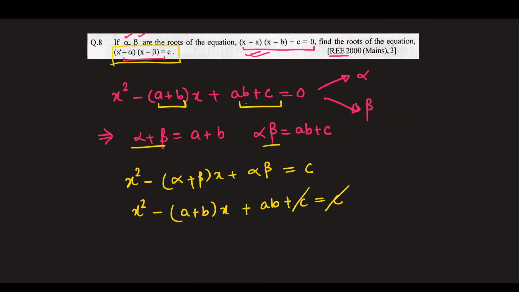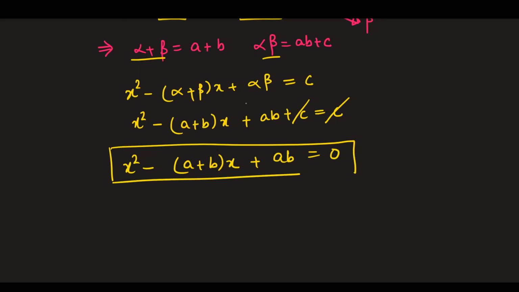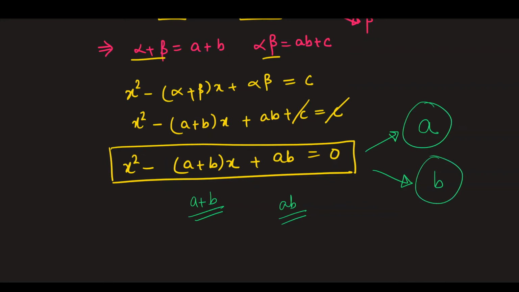Now this c and this c got cancelled and we are left with this equation, plus ab is equal to 0. Now observe that its roots are a and b, because the sum is a plus b and the product is ab. So we have got the answer as a and b. We have done this question also.